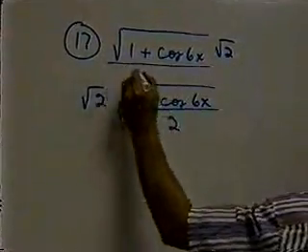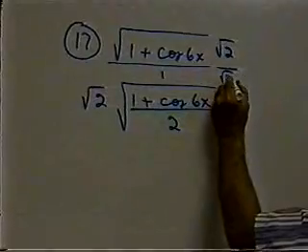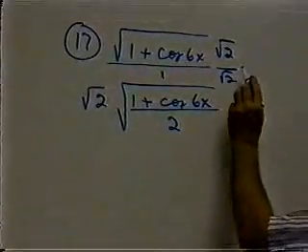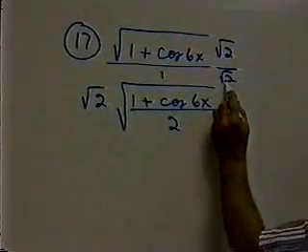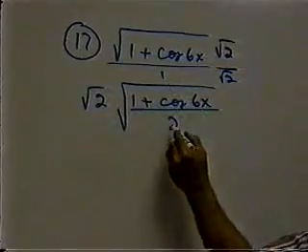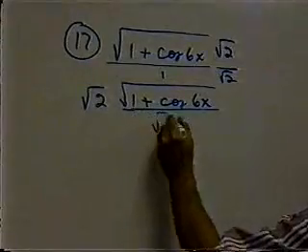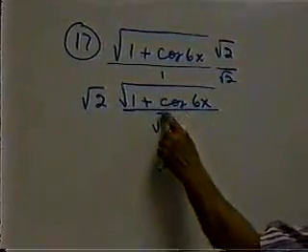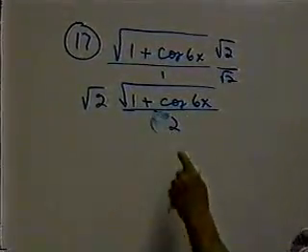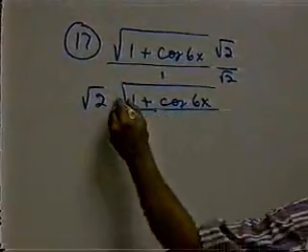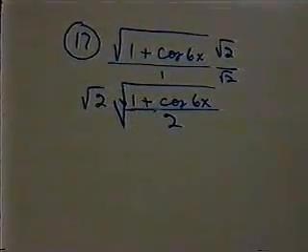Now this is a 1 right here. So I'll multiply the top and bottom by the square root of 2. So the square root of 2 on top and the square root of 2 on the bottom goes into the denominator. In other words, this would be like the square root over the square root. But the square root over the square root can be written as just the square root of all that fraction.